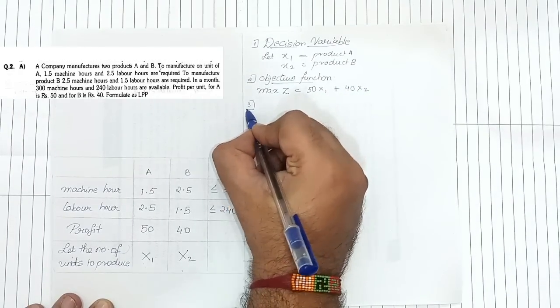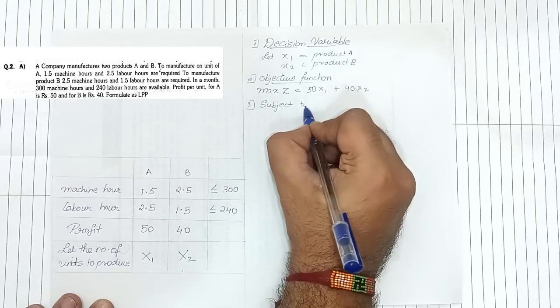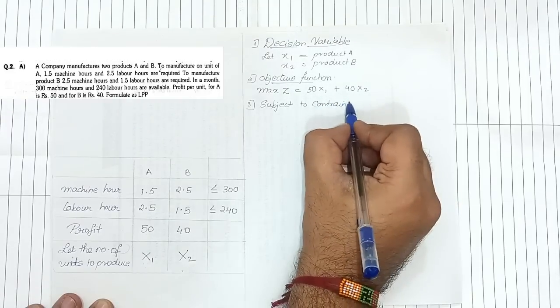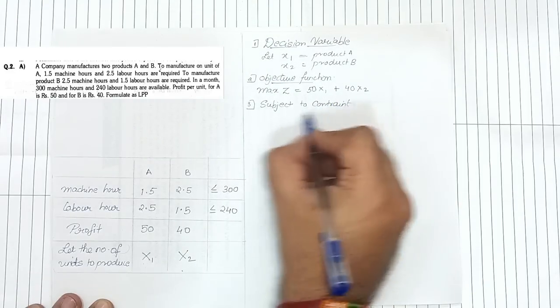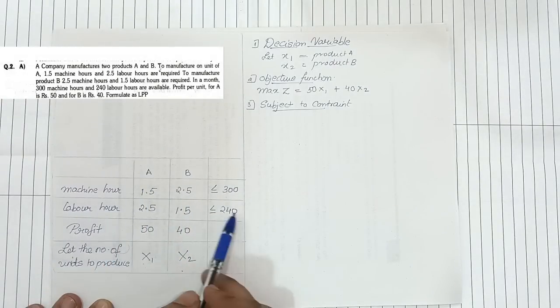Third, subject to constraints. Here we'll have to build equations. So this is like a first equation and a second equation.